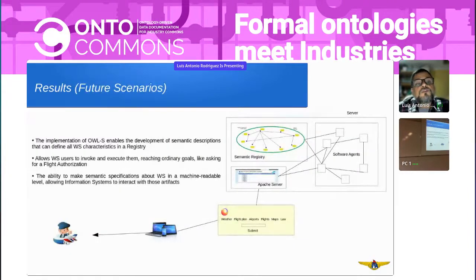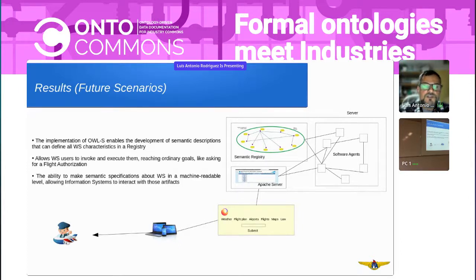And some future scenarios for results. The implementation of OWLS enables the development of semantic descriptions that can define all web services characteristics in a registry. It allows web service users to invoke and execute them, reaching ordinary goals like asking for flight authorization.